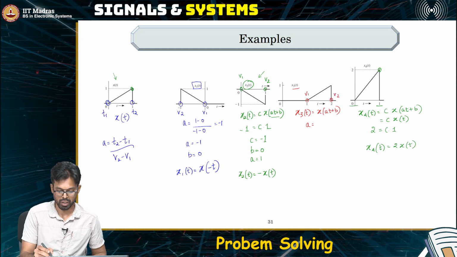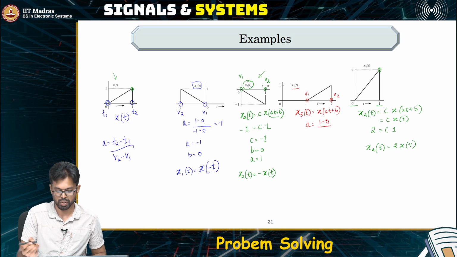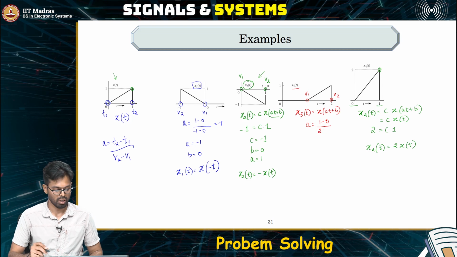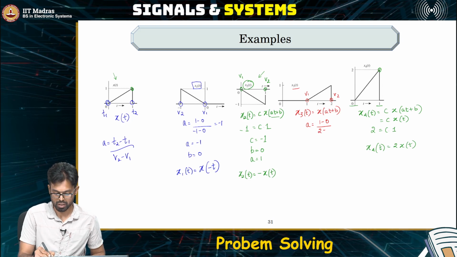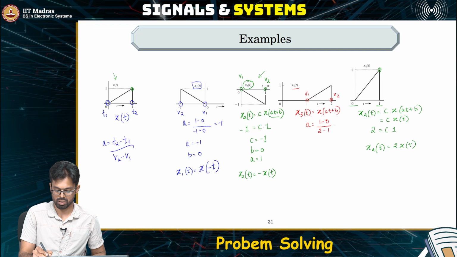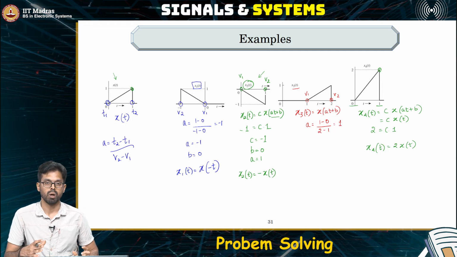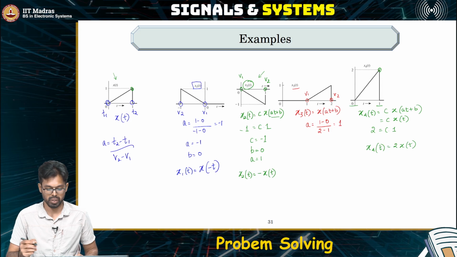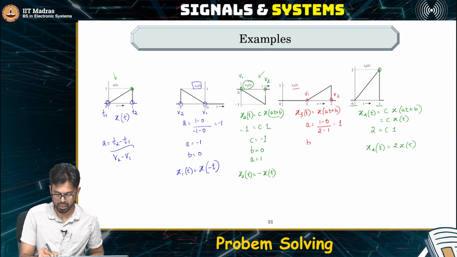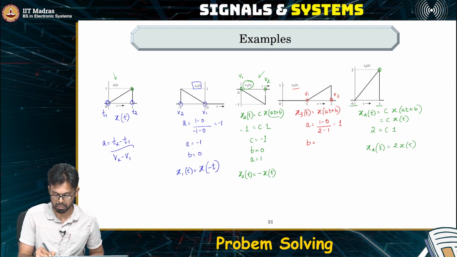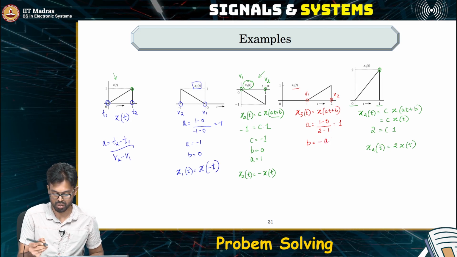So T2 minus T1 is just 1 minus 0. Now we have V2 to be 2 and V1 to be 1. Okay, this still gives us just 1, which means there is no scaling operation in time. We just have A to be equal to 1. What is B? There has been a shift of origin. So this is minus A times V naught.